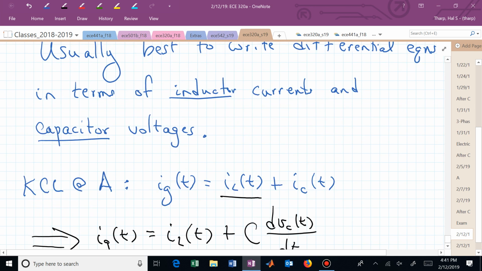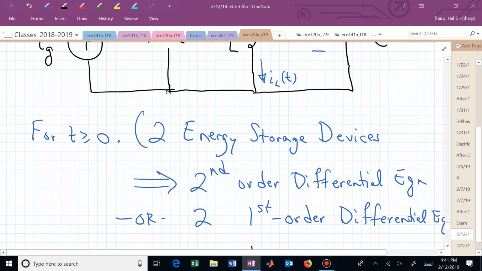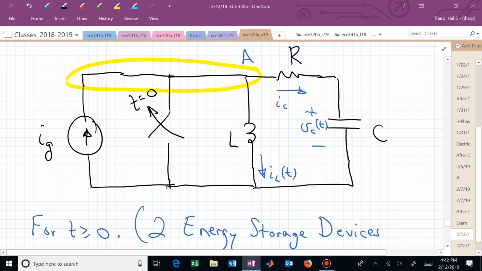And Eli, if we used Eli, what would that produce for us? What does Eli tell us? What variables does that connect in this circuit?